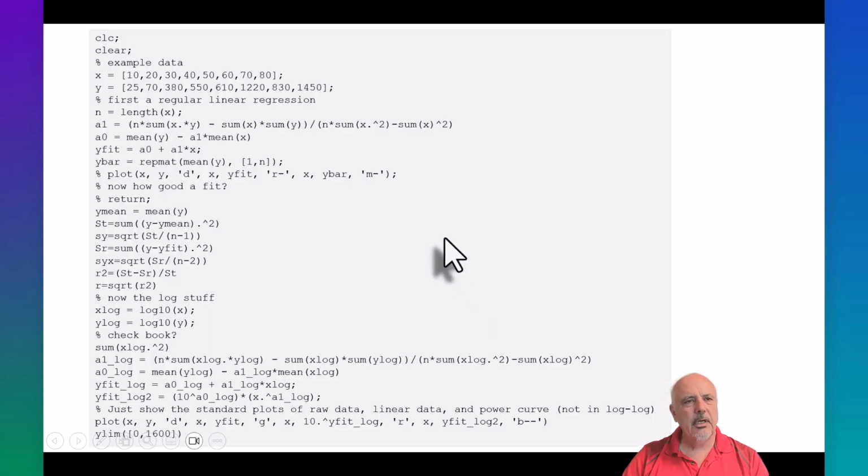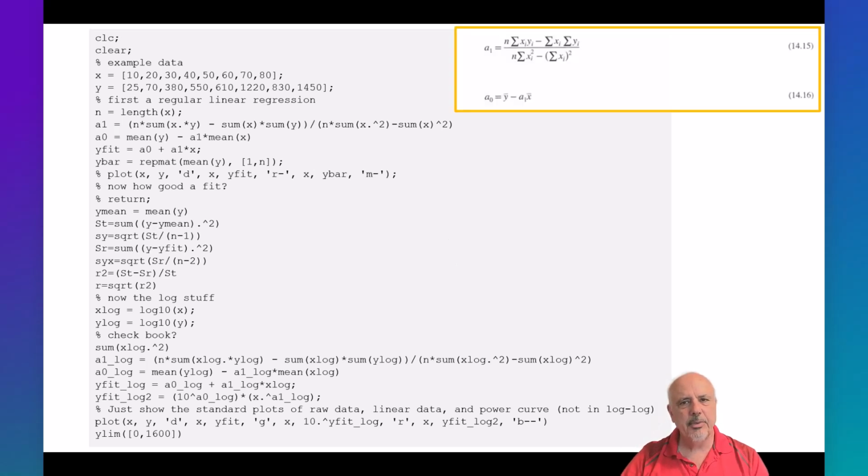So here's the code that I used to draw that figure. The very first thing I note is I take my theory and put it to good use, coding it directly from my theory. I've got my n, and this is my numerator: n times the sum of x dot star y. There's my x data and my y data.